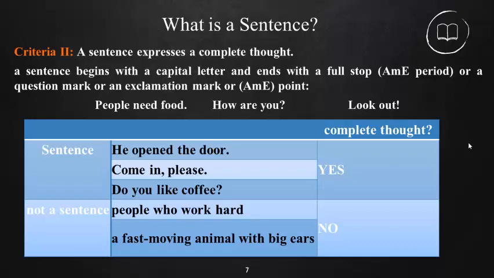Do you like coffee? Yes, it expresses a complete thought. Okay. Now, let's go to the second category. People who work hard. Does it express a complete thought? No. A fast-moving animal with big ears. Does it express a complete thought? No.